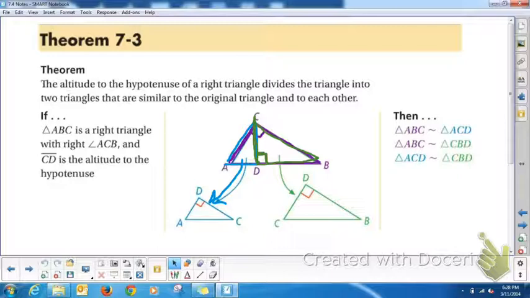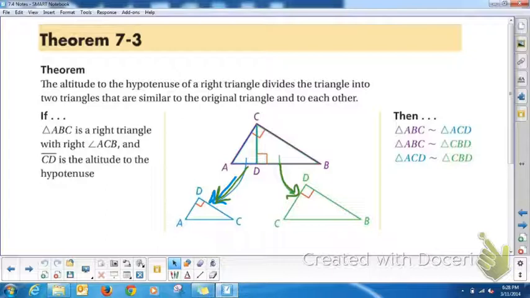So if ABC is a right triangle with a right angle at angle ACB and CD is the altitude to the hypotenuse, then all three of these triangles, the initial big triangle ABC, this one, ACD, and this other triangle, CBD, are similar.